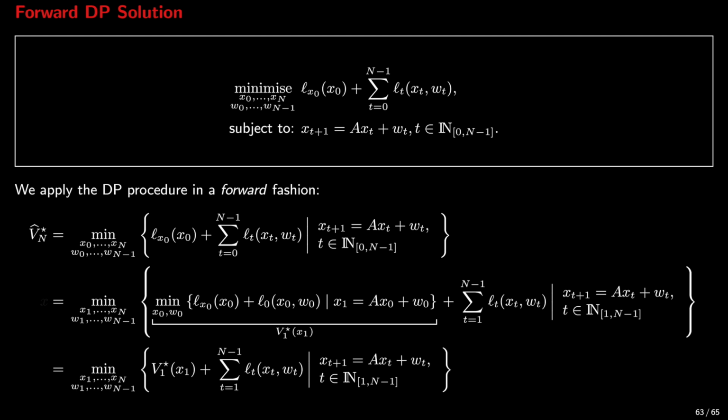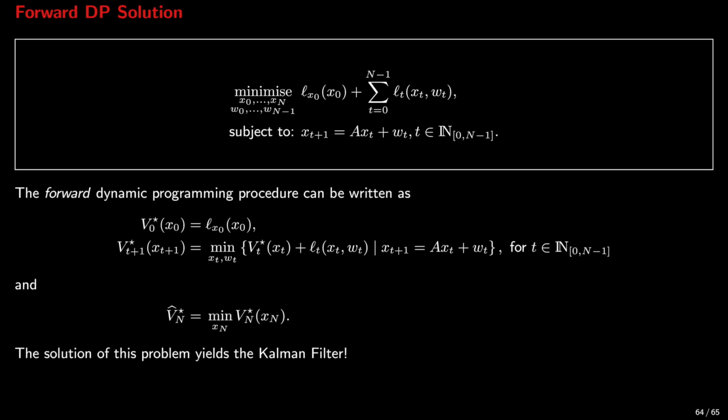This formulation has the exact same structure as the original one, but with a different arrival cost, namely v1 star instead of L of x0, and the minimization is carried out over the sequences x1 to xn and w1 to wn-1. We may proceed this way to define v2 star, v3 star, and so on up to vn star.